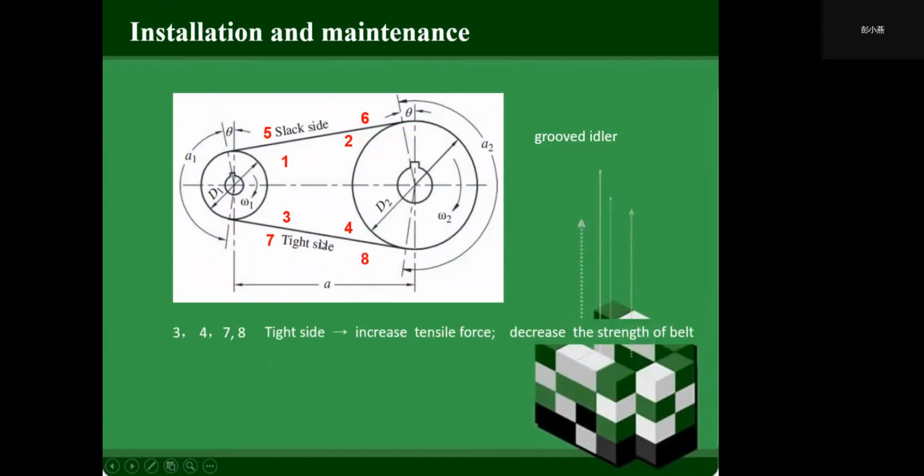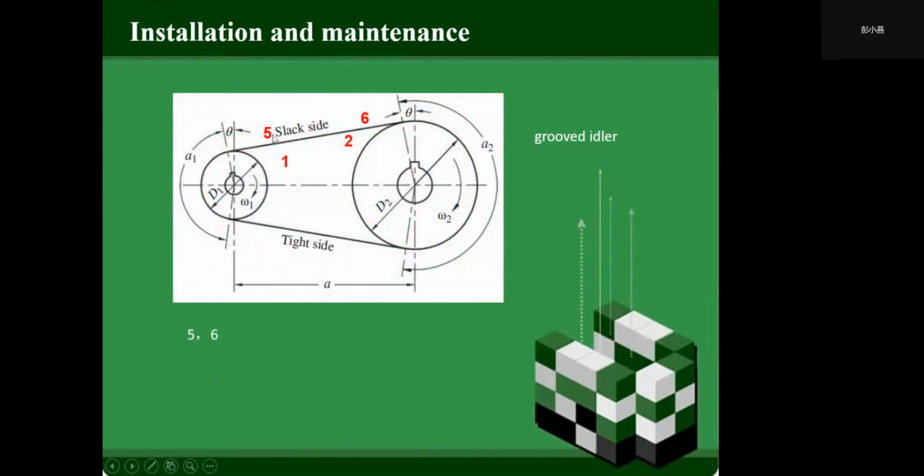If we install the grooved idler on the tight side, inside 3, 4, 7, 8, it will increase the tensile force, because the tensile force on the tight side is larger than that on the slack side. So it would decrease the strength of the belt.